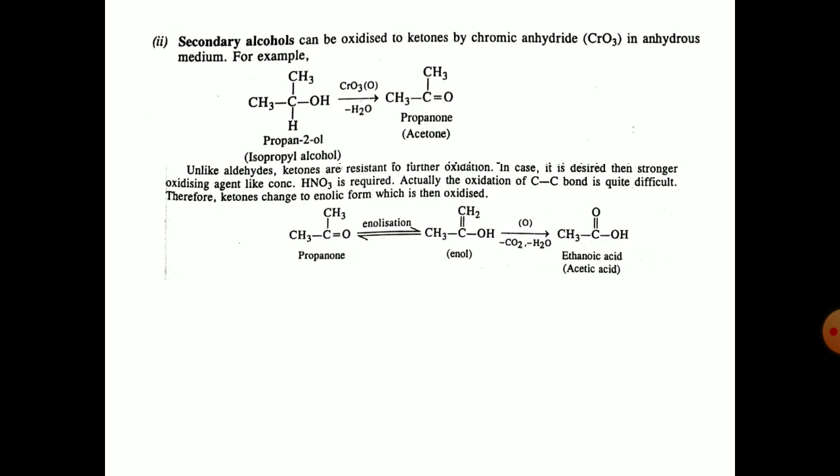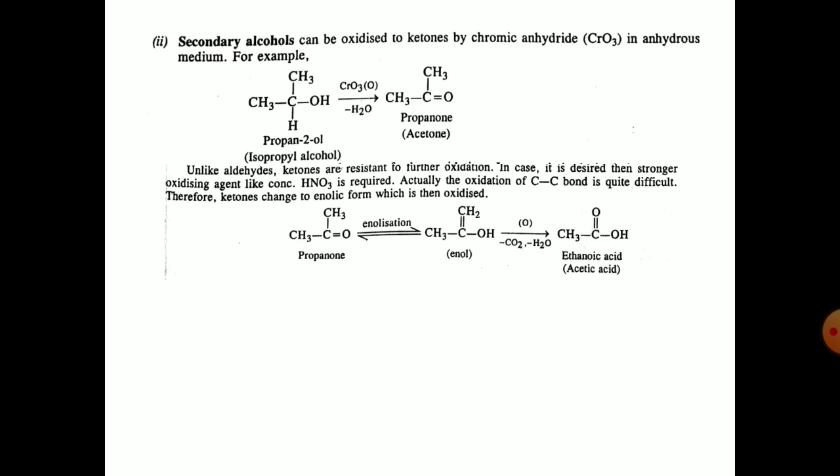Unlike aldehyde, ketones are resistant to further oxidation. In case it is desired, a stronger oxidizing agent like concentrated nitric acid is required. Actually, the oxidation of a carbon-carbon bond is quite difficult. Therefore, ketones change to enolic form, which is then oxidized.